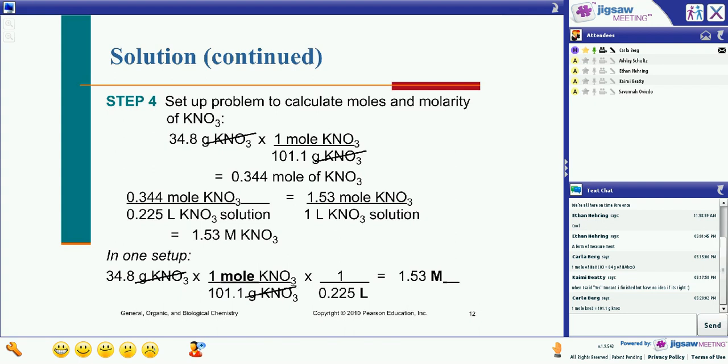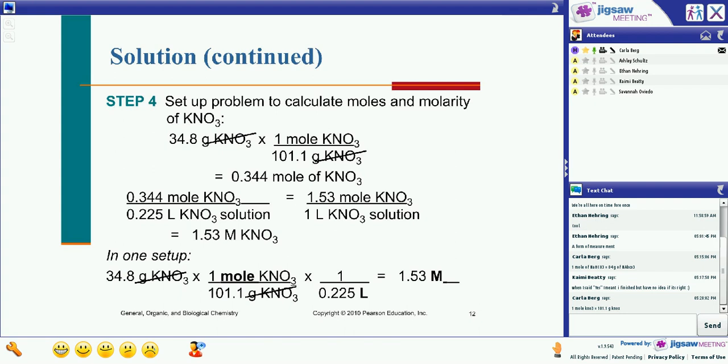And remember, we're looking for molarity, which is moles per liter. So for our moles per liter, we do 0.344 divided by 0.225 liters. And we end up with 1.53 molar KNO3.